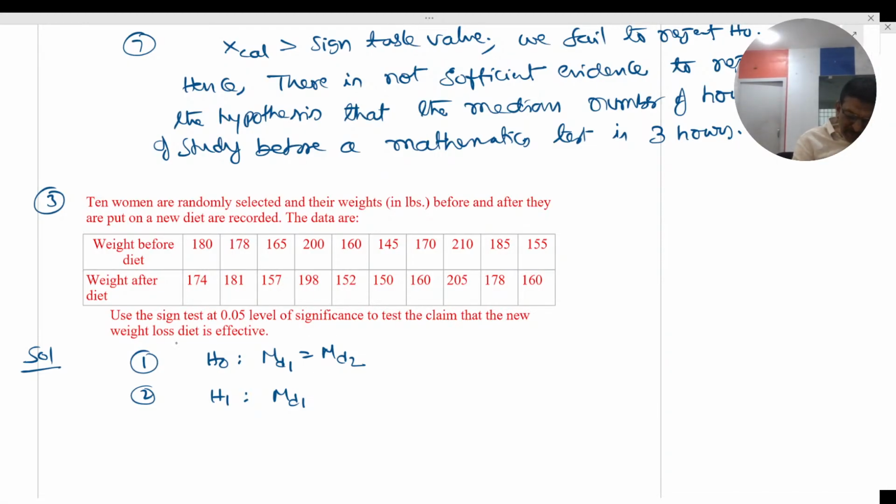The new weight loss diet is effective. This means the first sample median is more than the second sample median. That is a right tail test. So now alpha is equal to 5%.